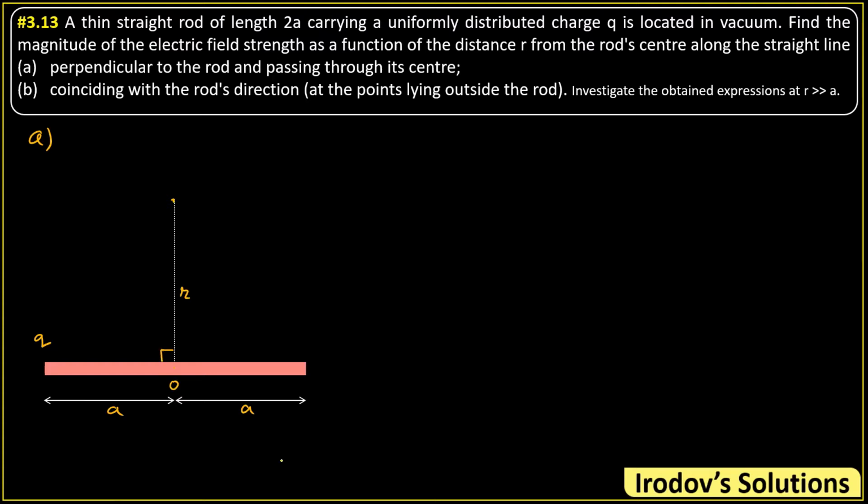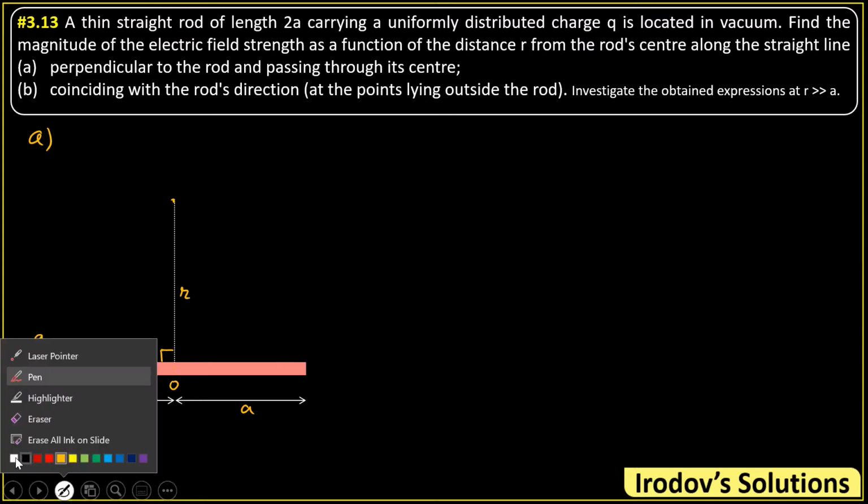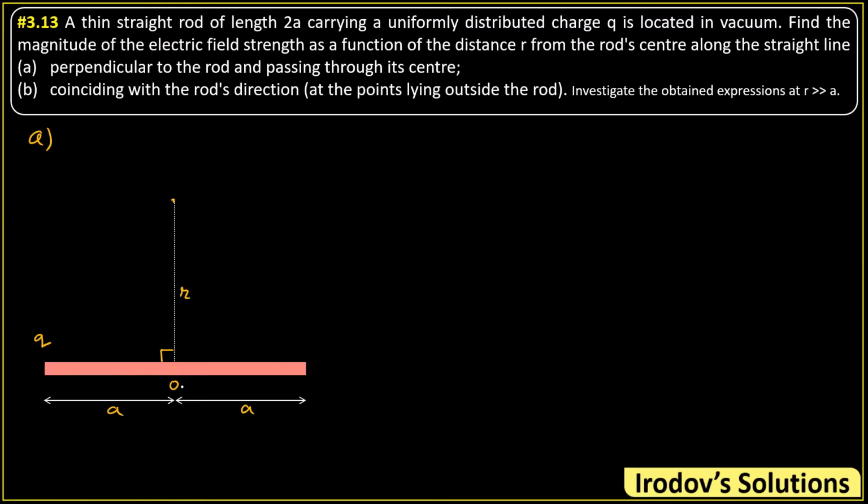So what I am going to do is take two little elements on both sides simultaneously. Suppose I go some distance x from the center on this side, and also some distance x from the center on this side, and then take two elements of width dx on both sides.